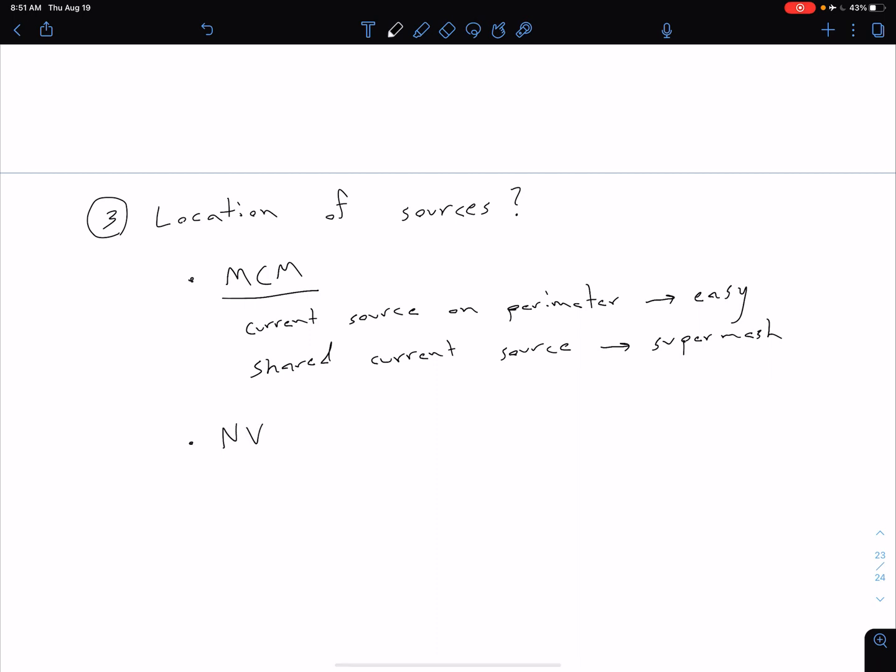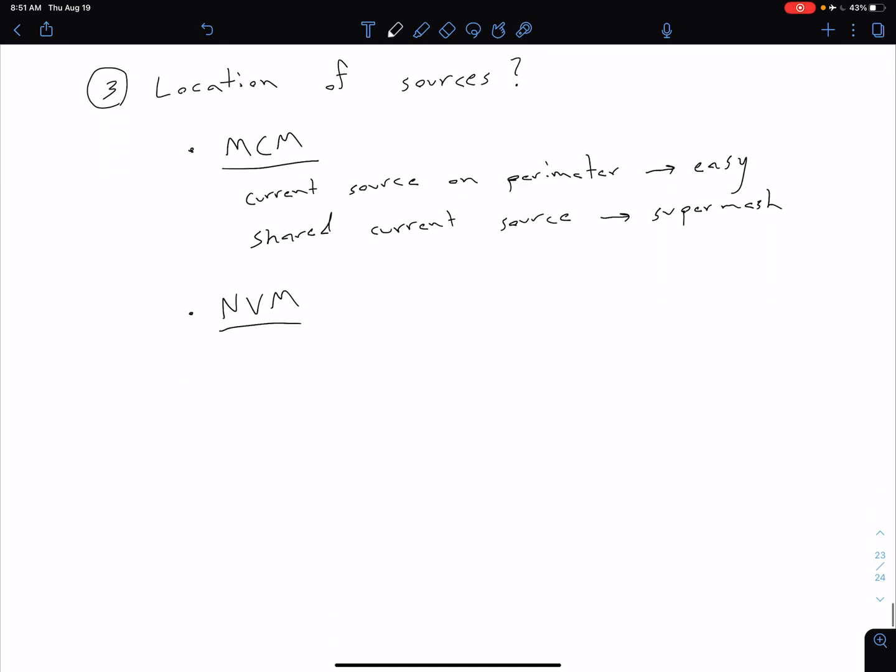Let's also consider some things related to our node voltage method. If we have a voltage source between an essential node and our reference node, that is also an easy case.